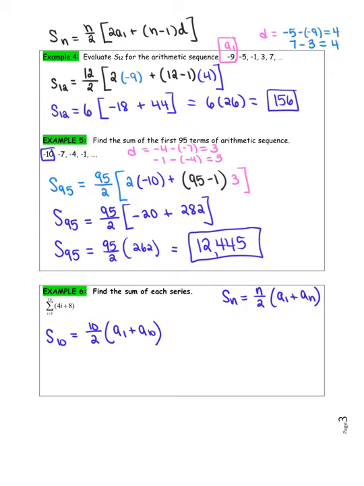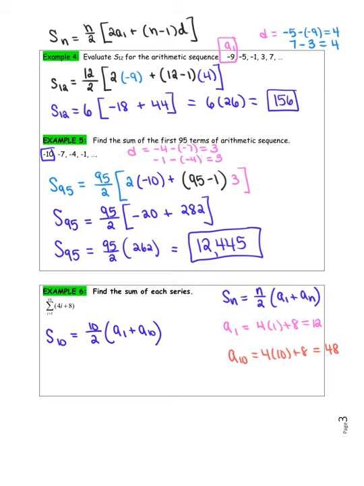So we need to find what A1 is first. A1 is equal to plugging in 1 for i, we have 4 times 1 plus 8. So A1 is 12. And A10 is equal to 4 times 10 plus 8, which is equal to 48.